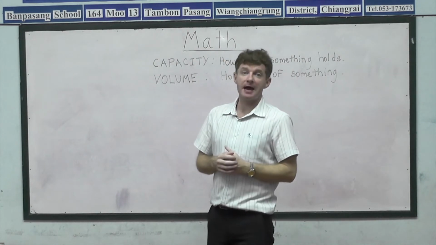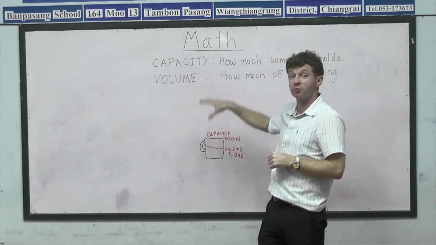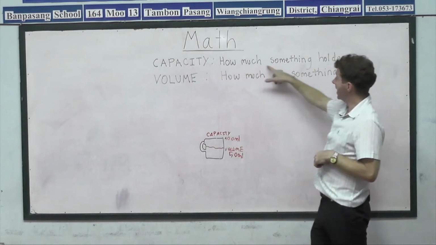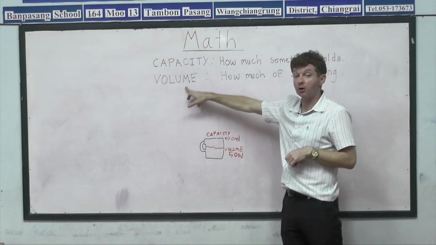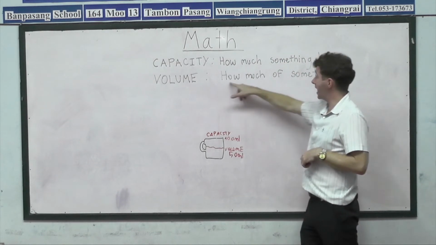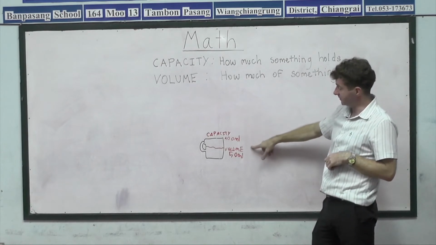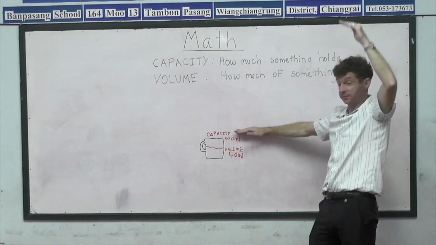So that was a recap of the previous lesson, how we learnt about the relationships between capacity, how much something holds, and the volume, how much of something. And you can see the capacity is always at the top.